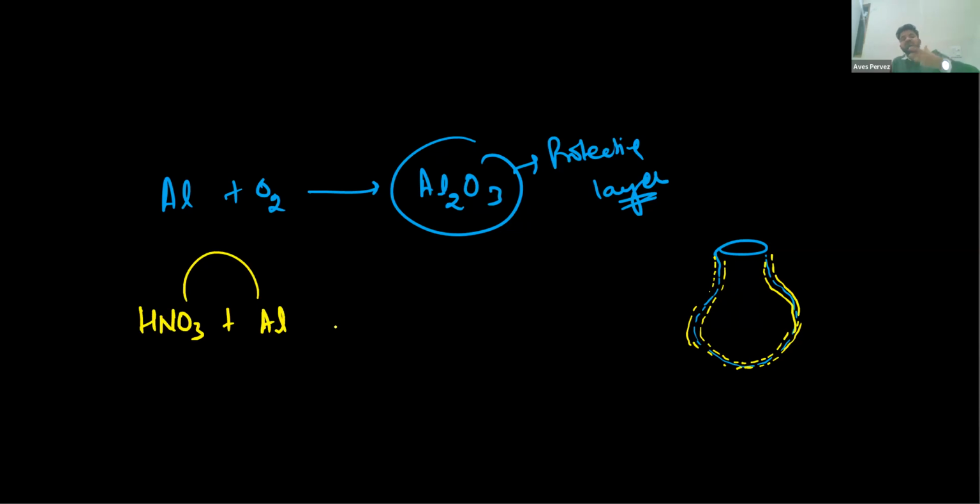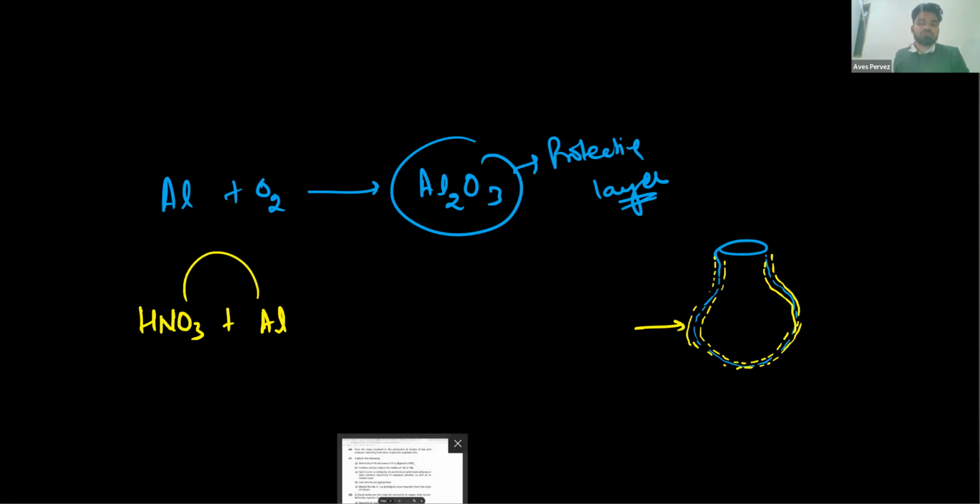We just simply need to answer that HNO3 is a strong oxidizing agent, which oxidizes the hydrogen gas to water, and itself gets reduced. So this reaction is slow because HNO3 is a strong oxidizing agent. It oxidizes the aluminium, and Al2O3 acts as a protecting layer, okay, got it?